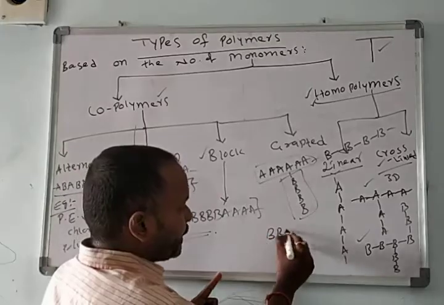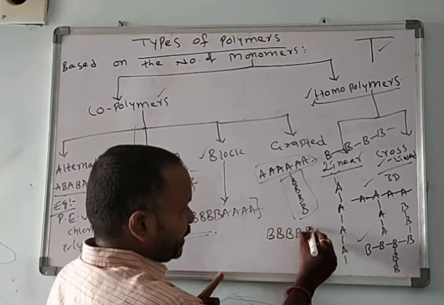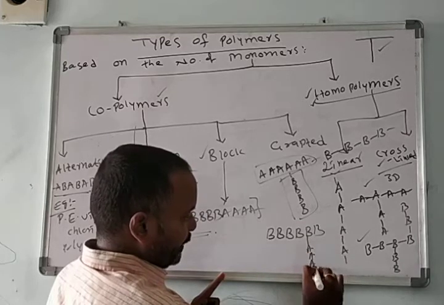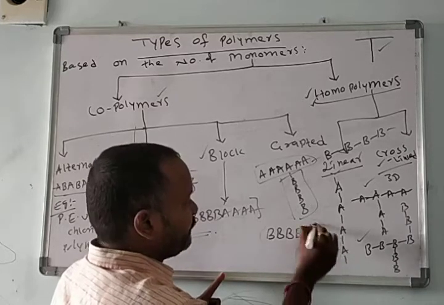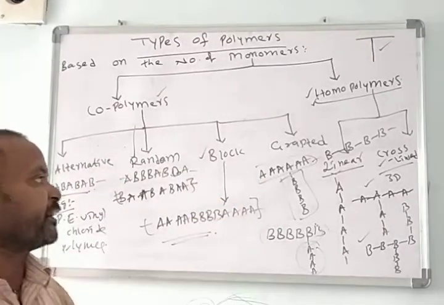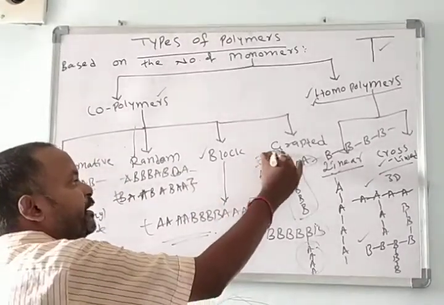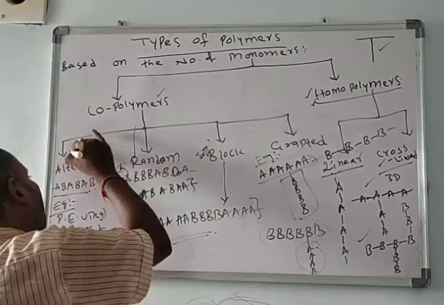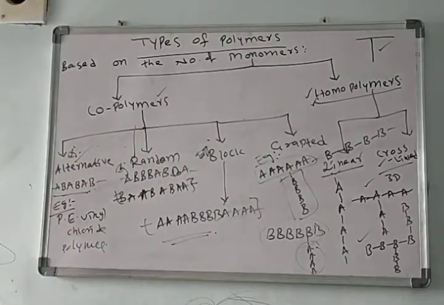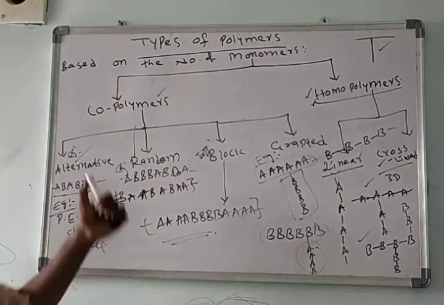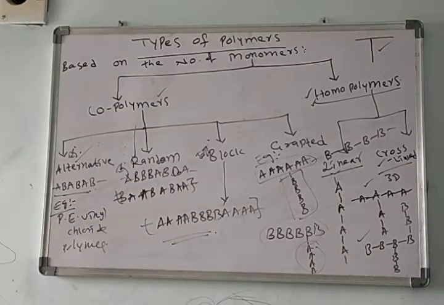Here B, B, B, here B, I am writing A. This is one block, this is one block. These two are joined with one bond. That we called as grafted polymers. This is the block polymer. This is random copolymer, alternative copolymers. This is the discussion of copolymers and homopolymers based on the number of monomers.